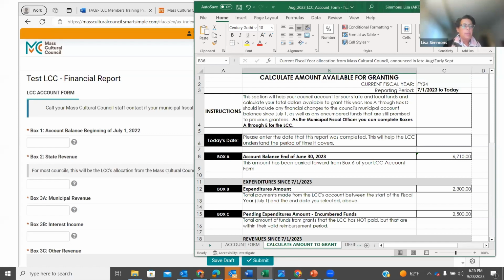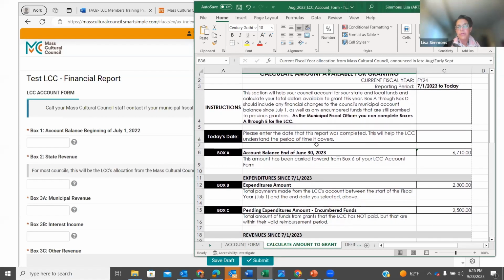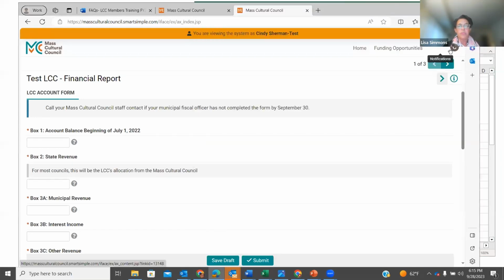Okay, great. So here we have the account form that you're going to receive from your town accountant that you're going to go over. And basically it is going to be the exact same thing that is over here in your GMS system.